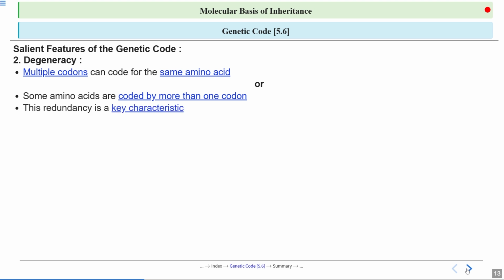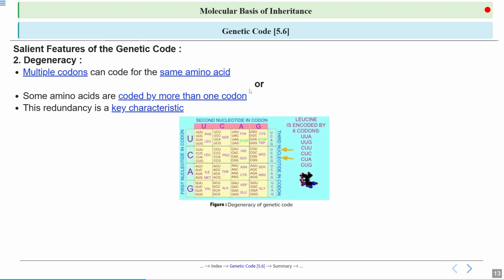This redundancy is a key characteristic. For example, you can see that leucine can be encoded by 6 codons: UUA, UUG, CUU, CUC, CUA, CUG. So we can see that 6 codons can code for only one amino acid, that is leucine.